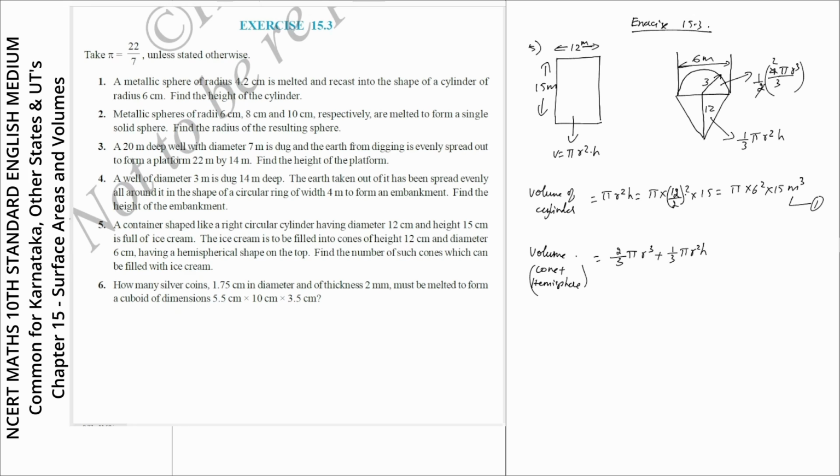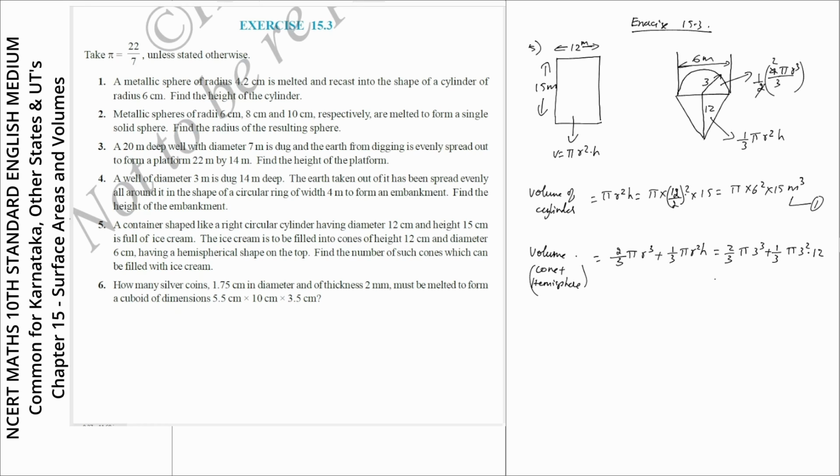Now this is equal to 2 by 3 pi into the radius of the hemisphere, 3 cube, plus 1 by 3 pi into the radius of the cone, 3 square, into h, where h is 12, the height of the cone.